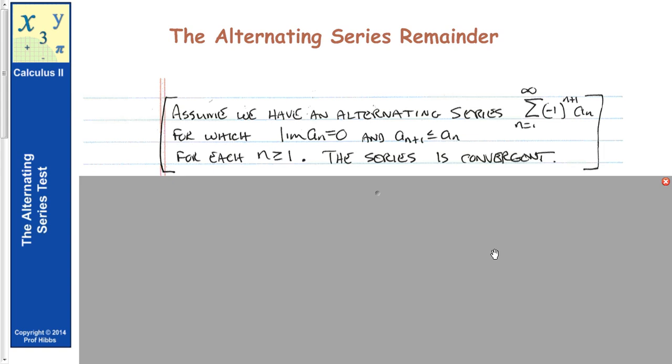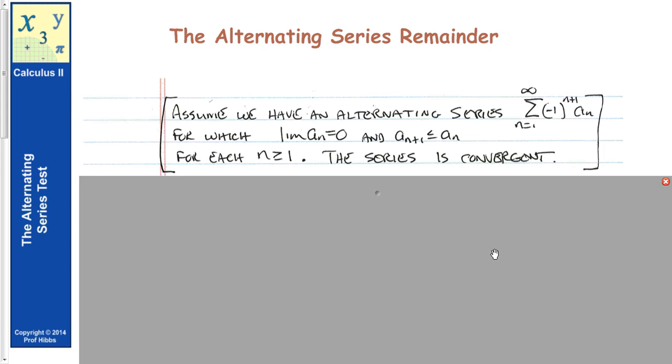Well, now that we have alternating series, where our terms alternate in sign and are not all positive, we need to revisit the idea of estimating the value of an alternating series that does converge, and see if we can estimate the value within any accuracy that we choose.